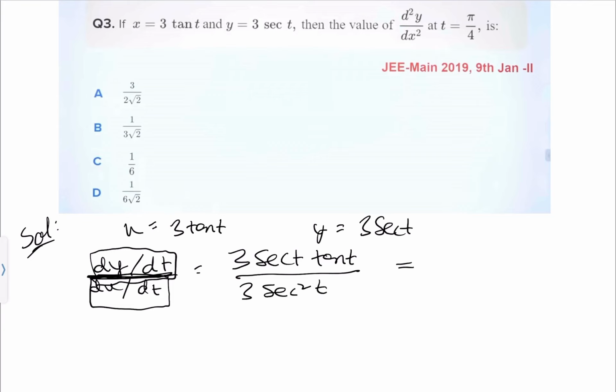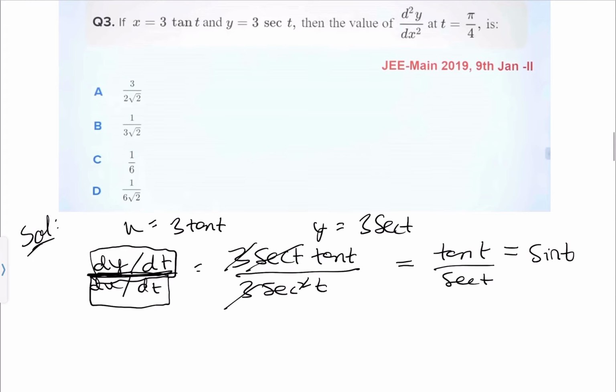Then when I cancel 3 by 3, we get tan t sec t by sec square t. So what I'm doing is tan t divided by sec t, which will be my sin t, right?